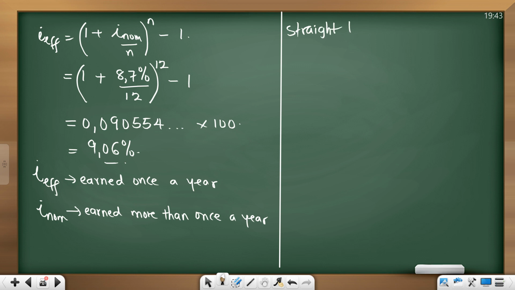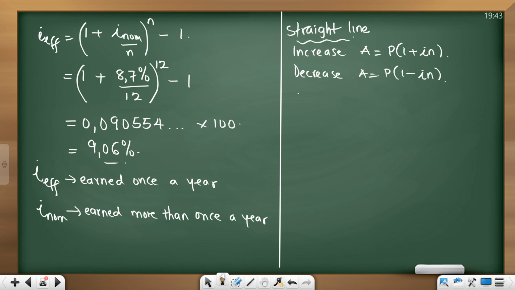Examiner says straight line. If it's simple interest, A equals P, 1 plus I, N. For decay, A equals P, 1 minus I, N. All right.